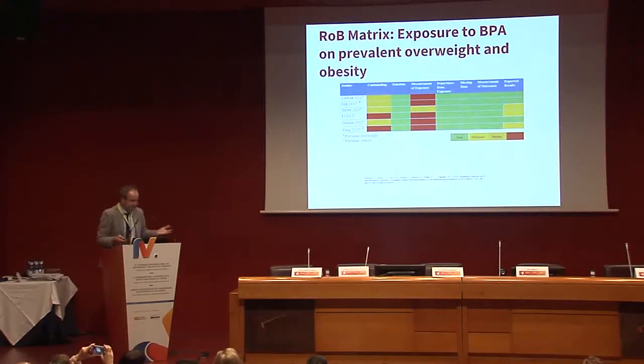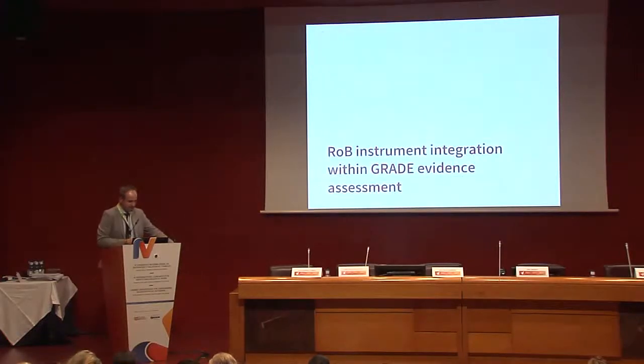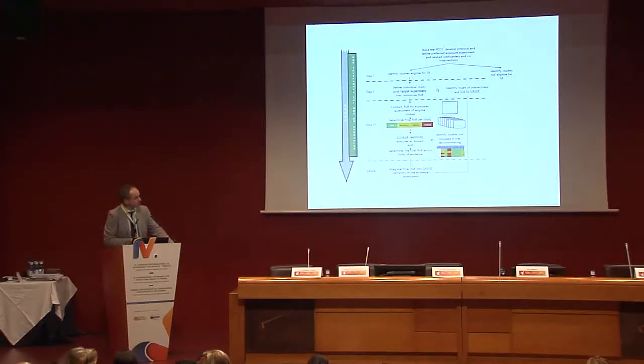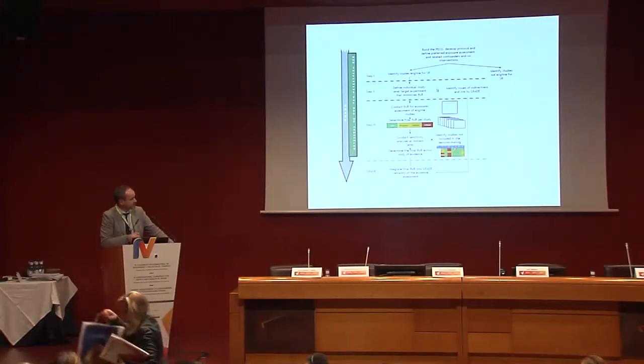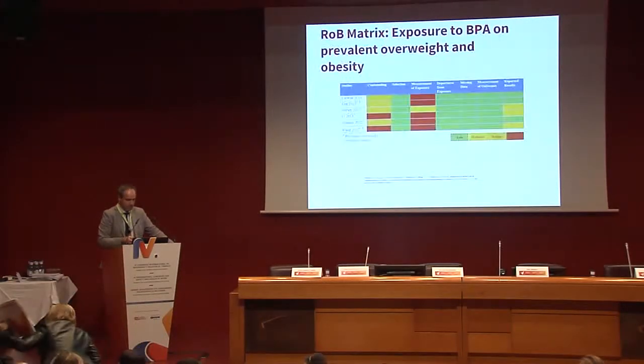You end up with a risk of bias matrix like this that will then allow you to make an overall assessment of the risk of bias of that body of evidence, the different studies that are included, that would sometimes allow you to say, you know, there is some problem with some studies, they are so bad that you wouldn't include them in your overall assessment.